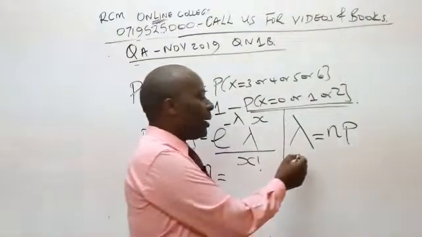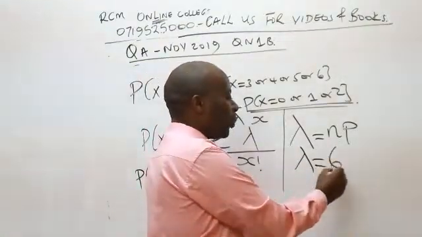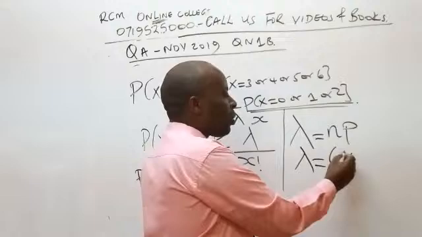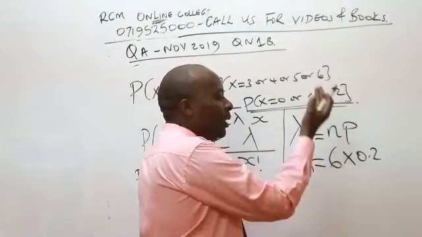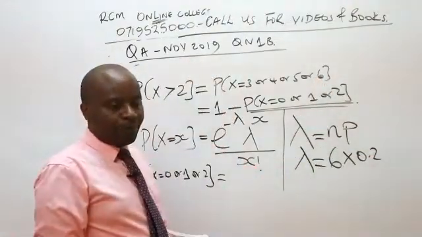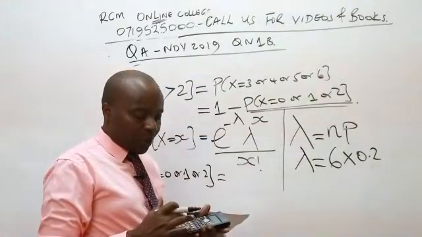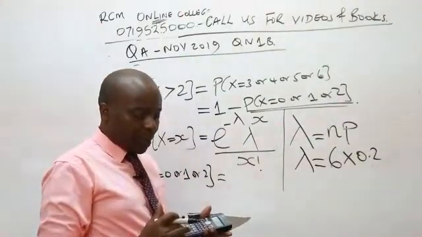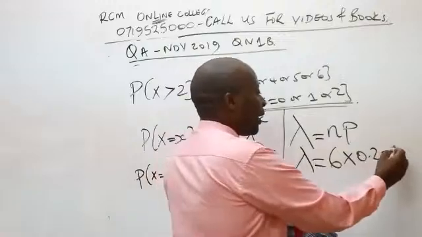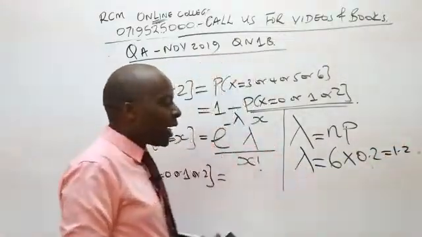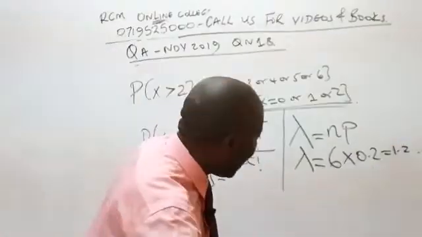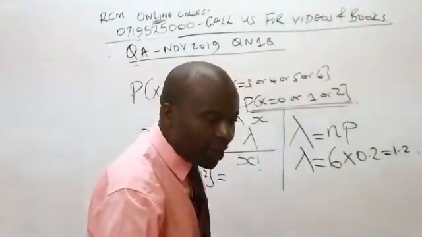So my lambda here will be equal to n, 6, times this probability. If you recall, our p was 0.2. So 6 times 0.2 gives us 1.2. Once I have that, I'll be able to apply this other formula very easily.